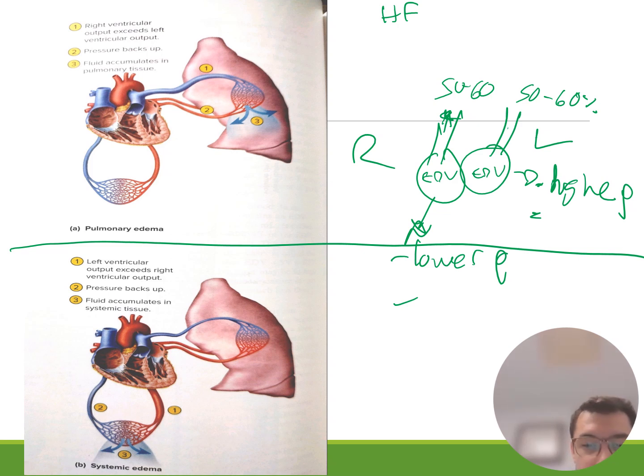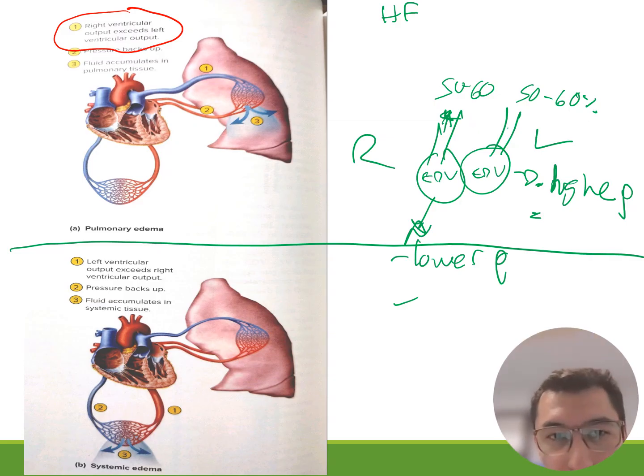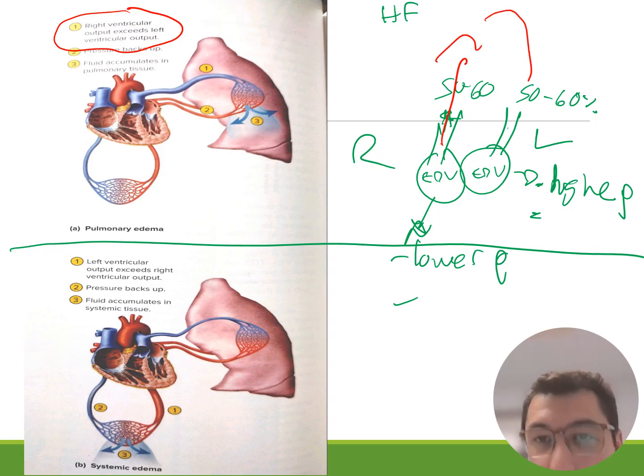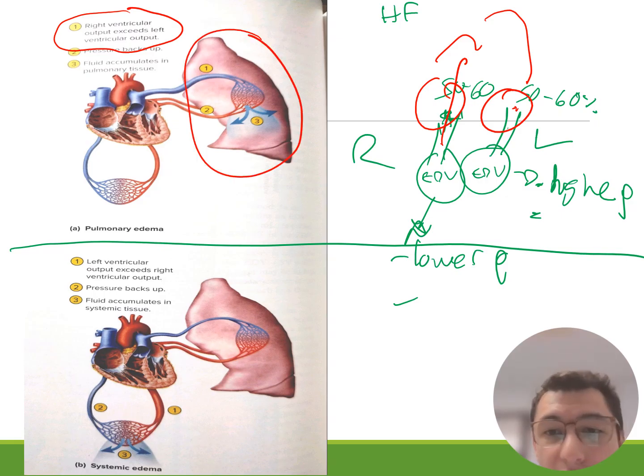Let's say, for instance, the right ventricular output exceeds the left ventricular output. If the right ventricular output starts to get higher and higher, then we're going to overwhelm that left atrium. So that left atrium is not going to be able to handle it. There will be backup of blood into the lungs.